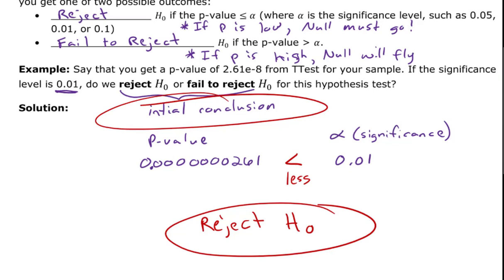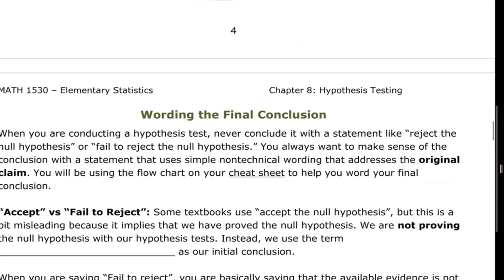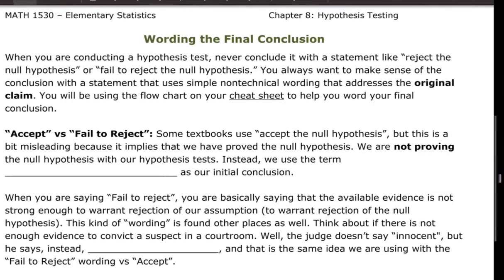However, when we're saying our conclusion to our audience, we don't want to just say reject the null. What did you actually figure out by saying something like that? Well, you're going to use some kind of technical wording that addresses the claim that you're trying to test. So you might want to say there's sufficient evidence to support the gender choice drug being effective.